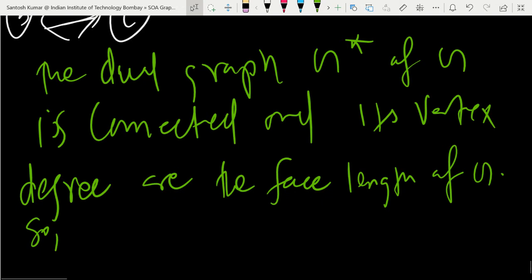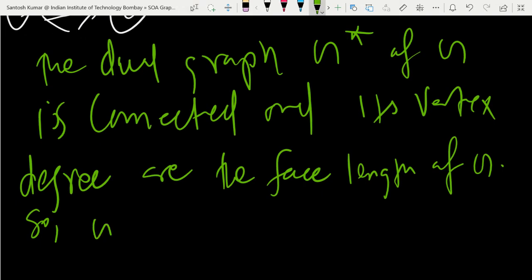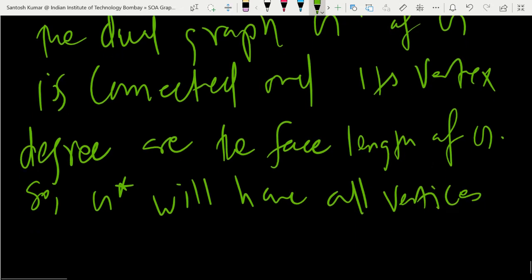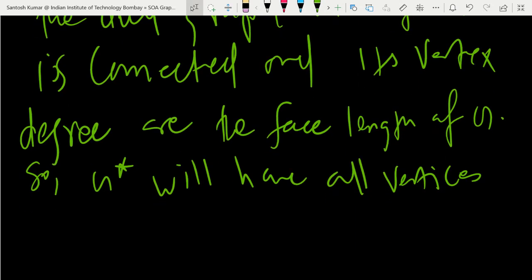So G star will have all vertices of even degree.